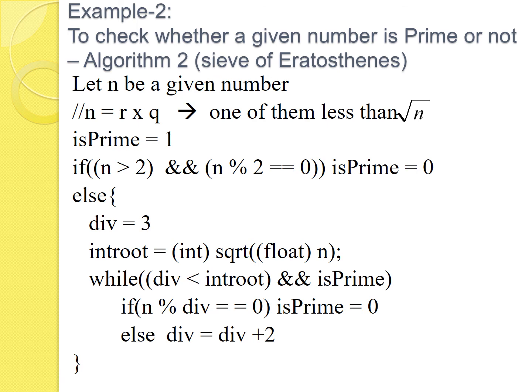So the number of steps in an algorithm decides the efficiency of the algorithm. Algorithm 2 is more efficient than algorithm 1 to check whether a given number is prime or not.